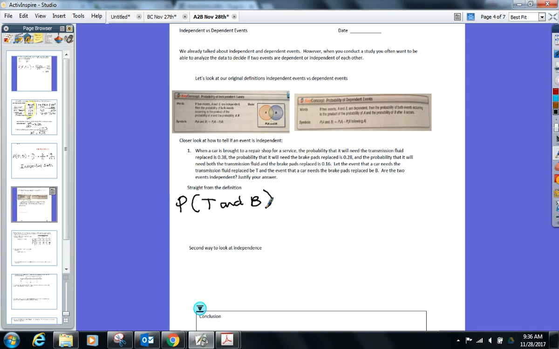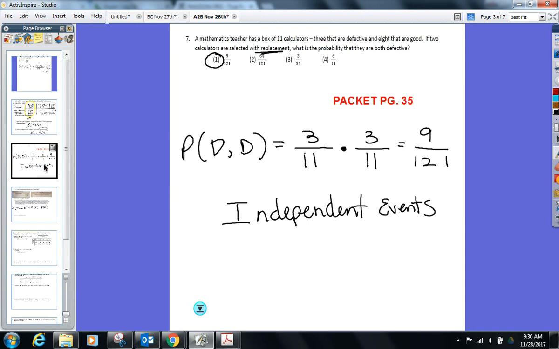If they're independent of each other, this probability should be the same as the probability you need transmission fluid times the probability you need the brake pads. If 2 events are independent, it's equal to the 2 separate events multiplied together.